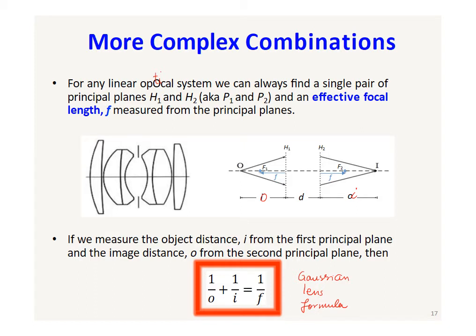The way that we use that is by measuring the distance from the object not to the lens but to the first principal plane, and we measure the distance from the second principal plane to the image rather than from any particular physical feature in the lens.